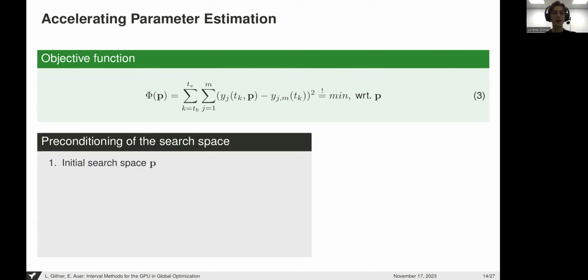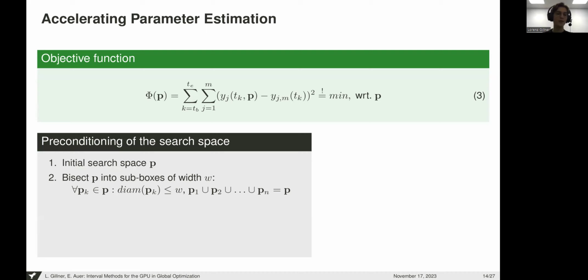And we do the following. We have the initial search space. We bisect this search space into smaller subboxes of a predefined width until every box is lower than or equal to this predefined width and they make up our entire search space.